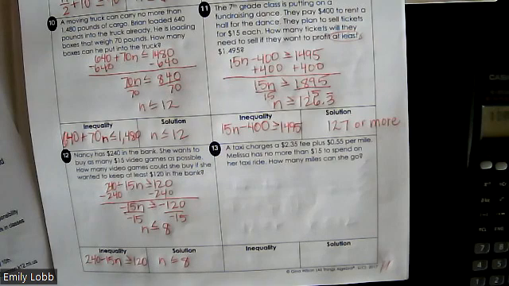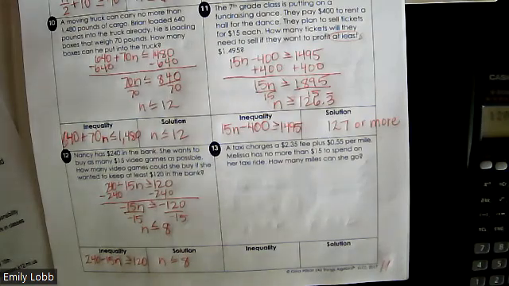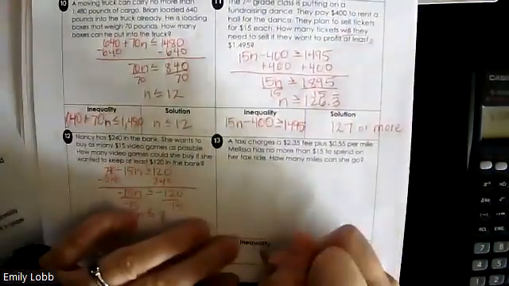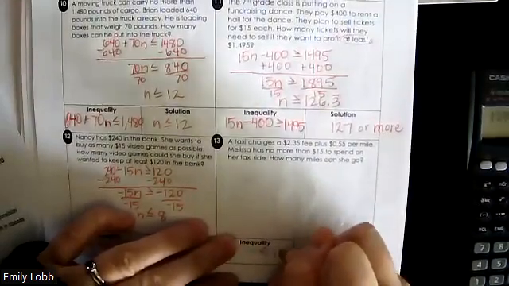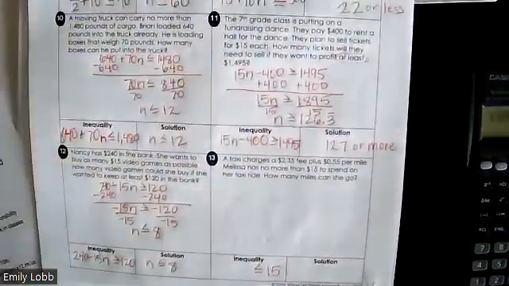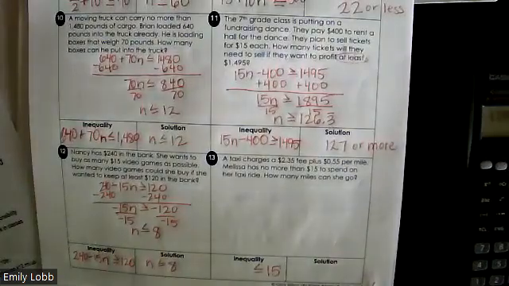A taxi charges a $2.35 fee plus 55 cents per mile. Melissa has no more than $15, so that's a limit. So it's got to be less than or equal to the $15 she has to spend on her taxi ride. How many miles can she go?